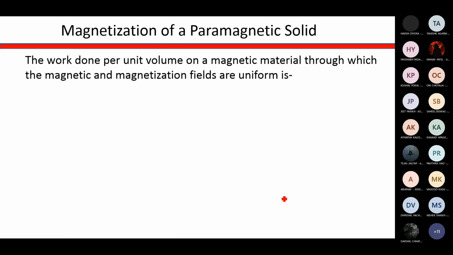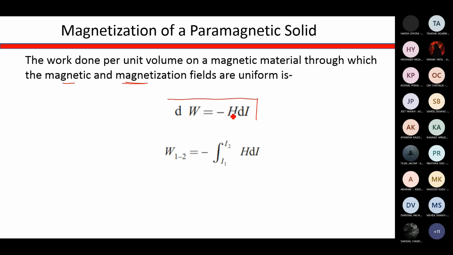Now the last type of work other than PdV work is the magnetization of a paramagnetic solid, or work done in a magnetic solid. You can write down the work done per unit volume on a magnetic material through which the magnetic and magnetization fields are uniform.